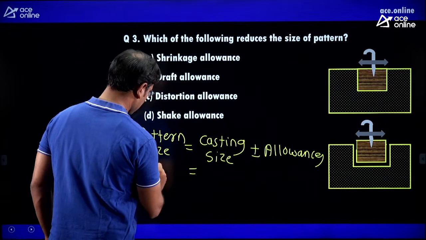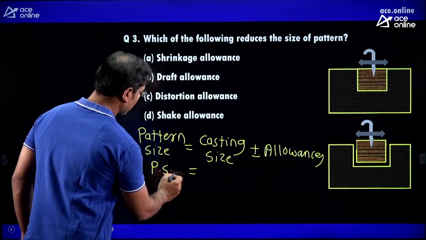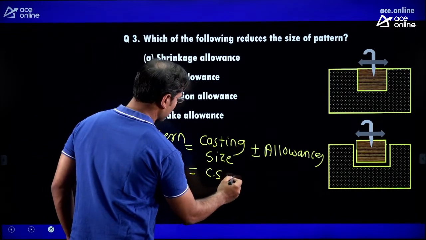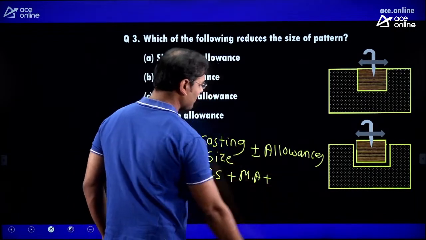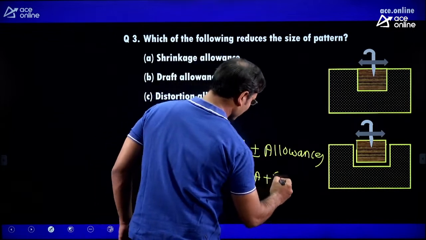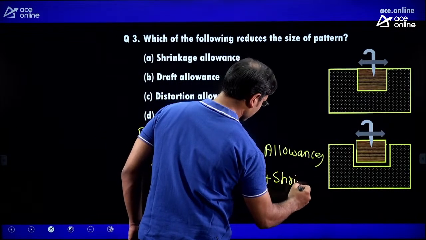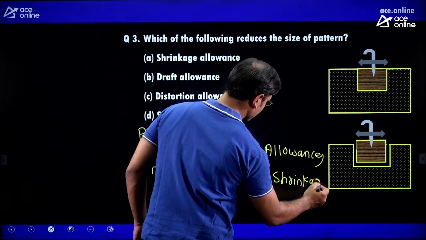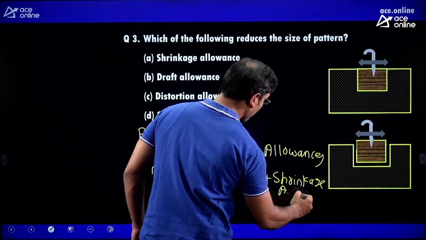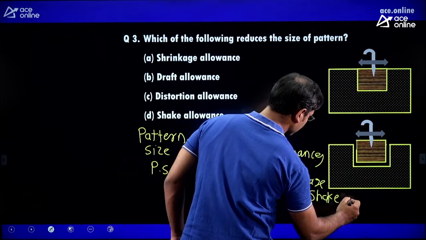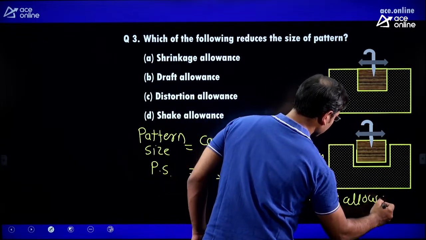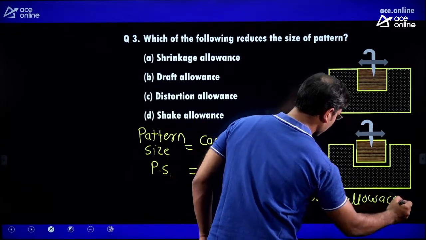Hence we can say that the pattern size is equal to casting size plus the machining allowance plus the shrinkage allowance, minus the shake allowance.